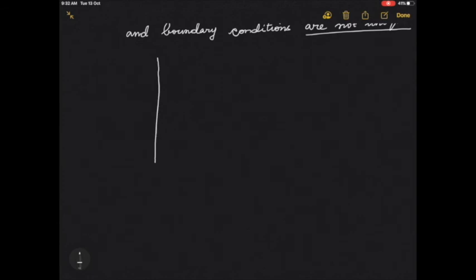Imagine that I am told, let's look at a similar type of problem, that there is a charge of plus q kept here and a charge of minus q kept here, and there is an infinite grounded conducting plane there. Find out the potential everywhere in the right side volume.